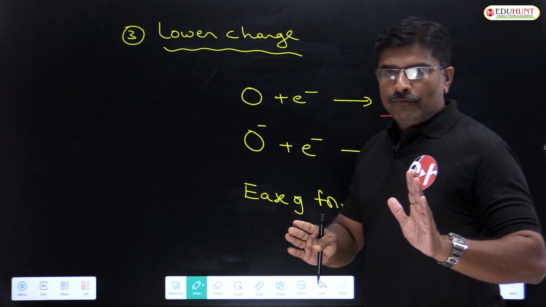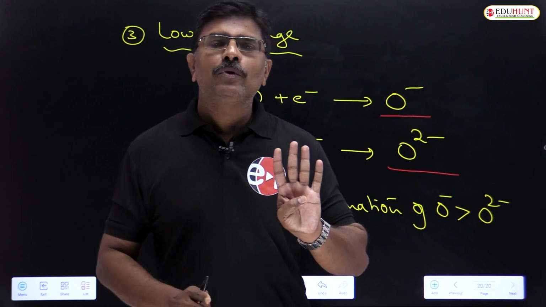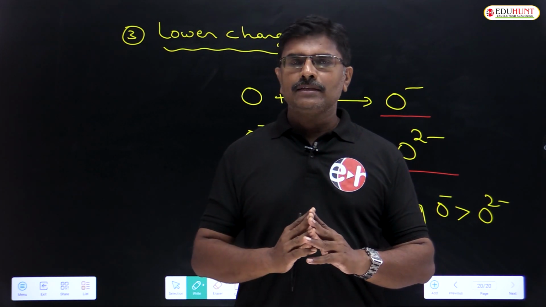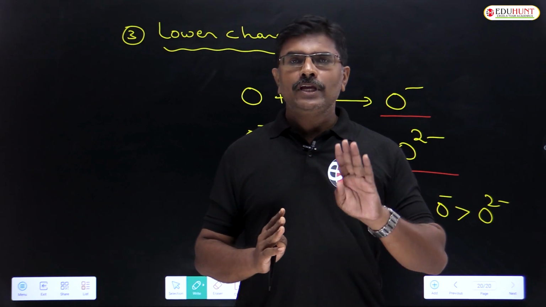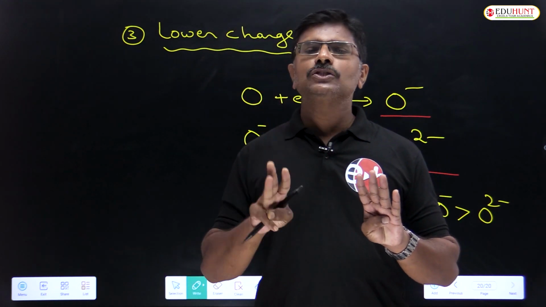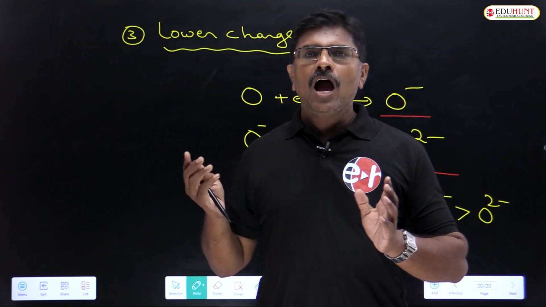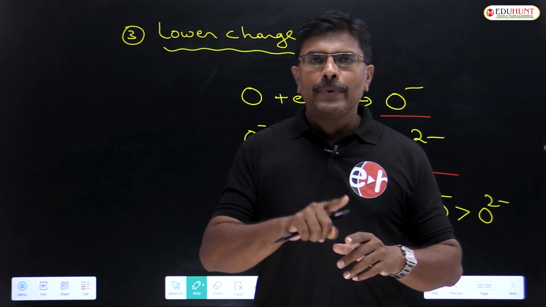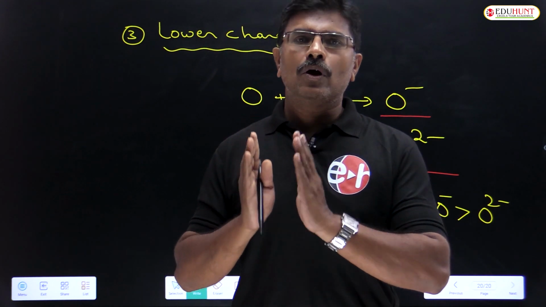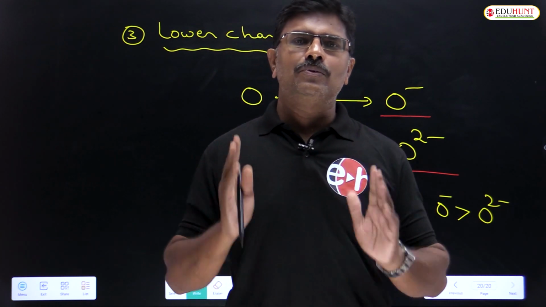And we have already discussed 4 favorable conditions for the formation of cation. Now dear students, please observe the point. These 4 conditions for the formation of cation and 3 conditions for the formation of anion automatically become the favorable conditions for the formation of ionic bonding or ionic compounds.